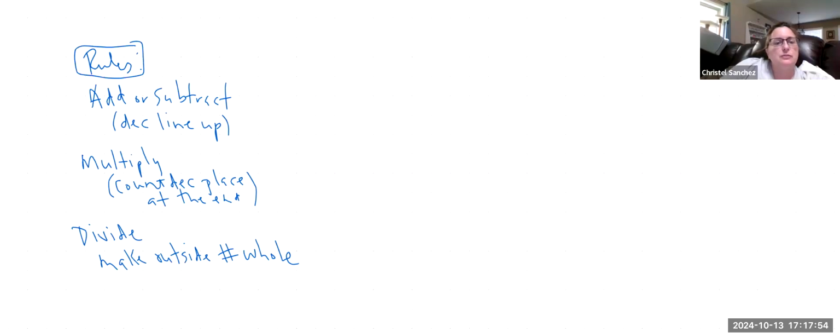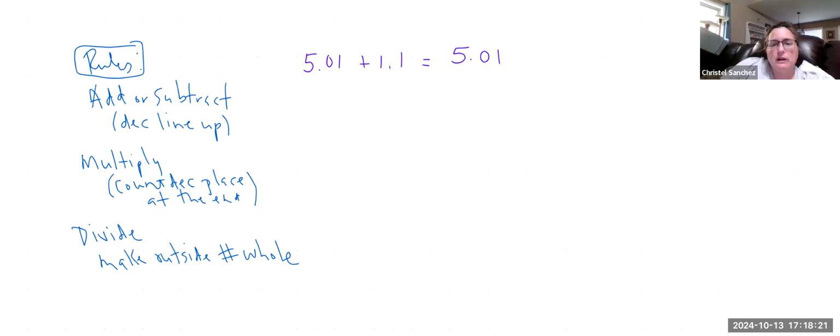All right. So let's do the first one. Let's say we have 5.01 plus 1.1. Okay. So first thing is we're going to line it up to where it's going to be up and down, which is going to be easier to add. So 5.01. And remember, for addition and subtraction, our decimals have to line up.